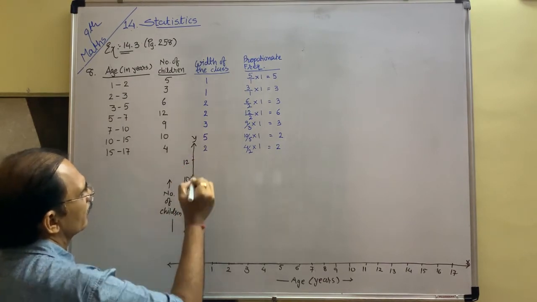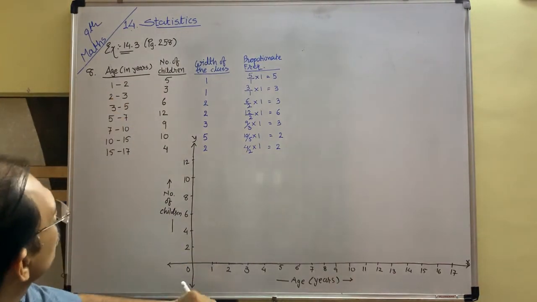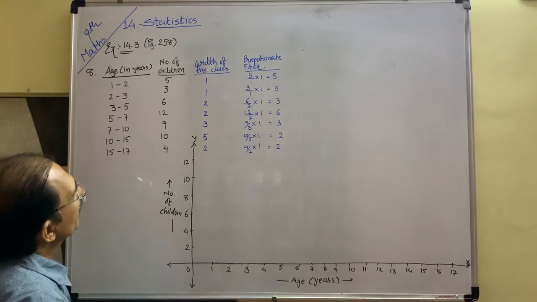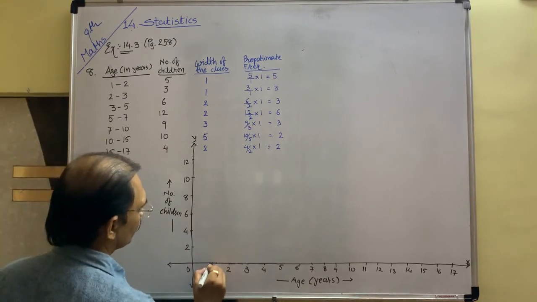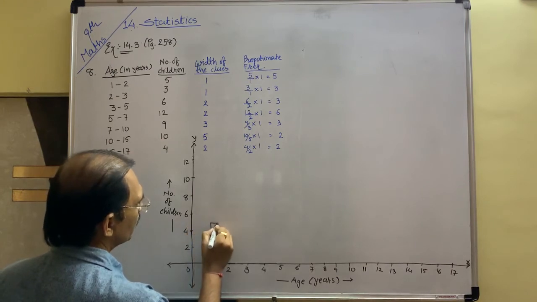This is the y-axis. Okay? Now see how to draw. 1 to 2, proportionate frequency is 5. Exactly between 4 and 6.